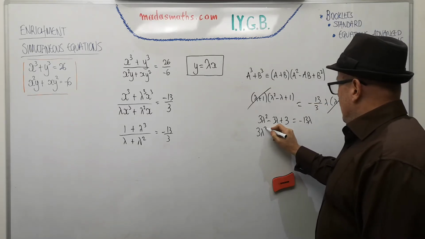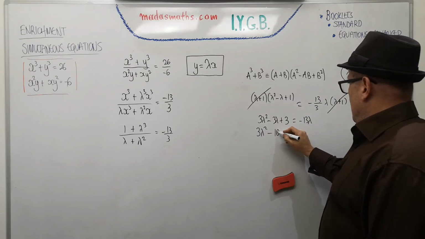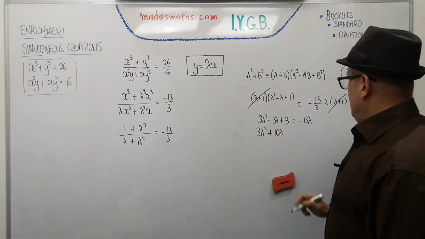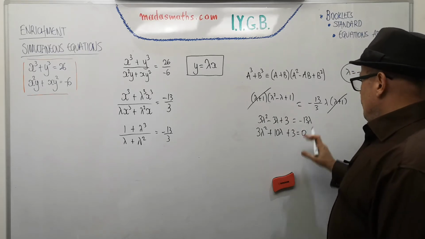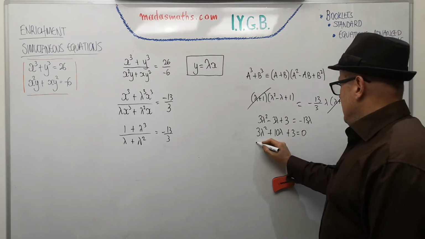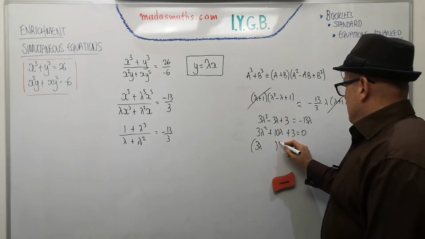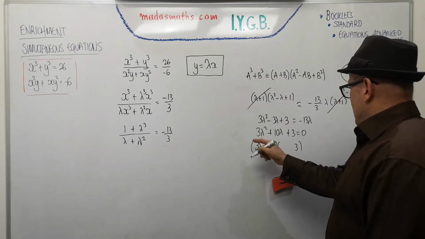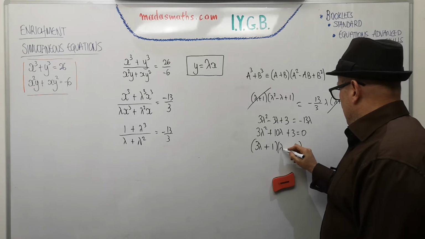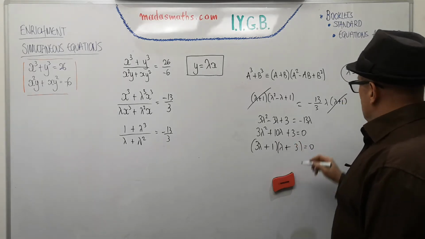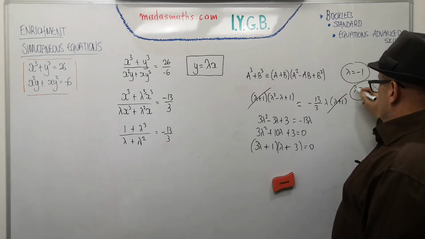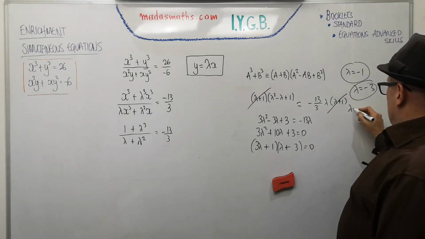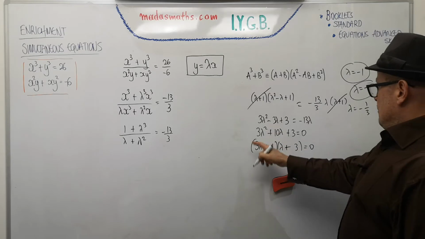Taking that to the left, 3 lambda squared plus 10 lambda plus 3 is equal to 0. And of course we can factorize that very easily. The solutions would have been lambda equal to minus 1, lambda equal to minus 3 from this bracket here, and lambda equal to minus 1/3 from this bracket here.